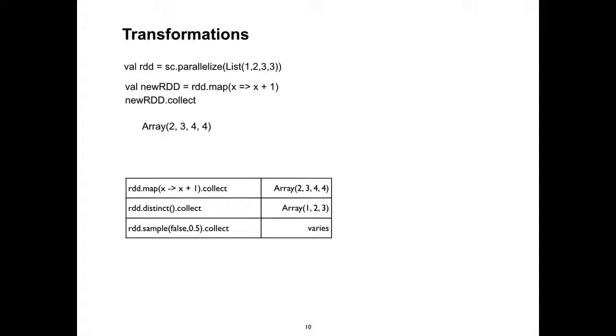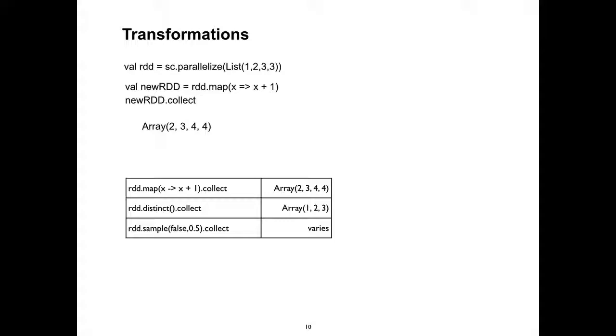So let's look at some transformations and actions, first in RDDs, and then we'll look at dealing with data frames. So here is a simple program. All these examples I ran in the Jupyter Notebook.